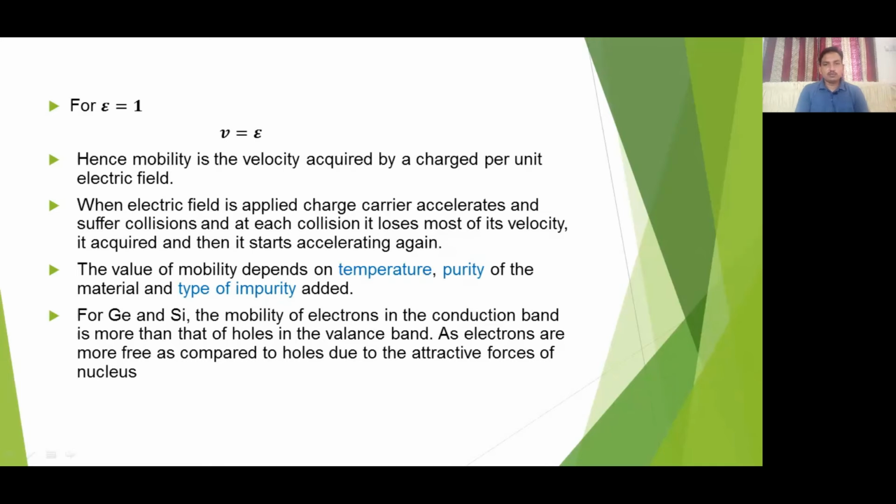So they are more free and more mobile than holes. You can say that the mobility of electrons, which lie in the conduction band, is greater than the mobility of holes, which lie in the valence band of any material.